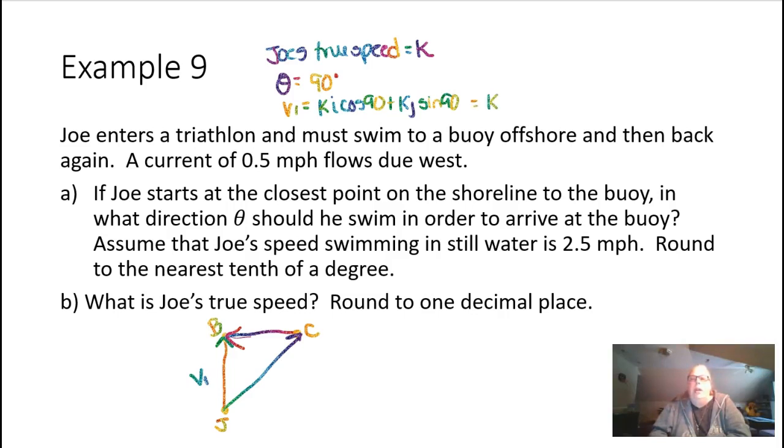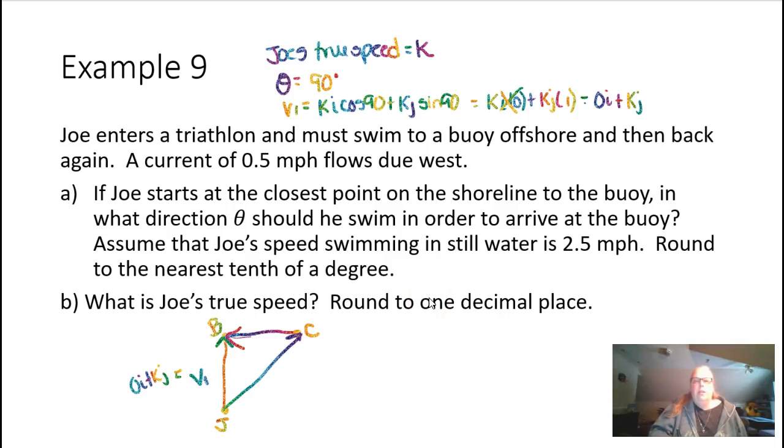This is going to give me k times i times 0 plus k times j times 1. And anything times 0 is going to give me 0. So I actually have 0i plus kj. So this vector over here is 0i plus kj.